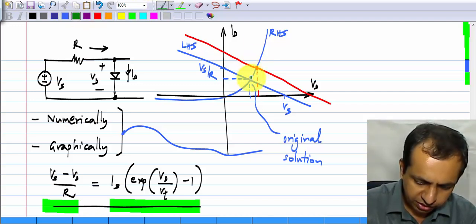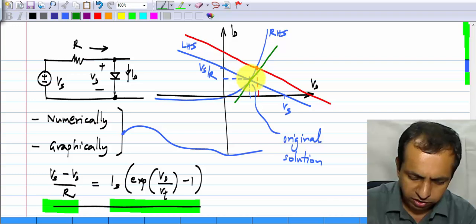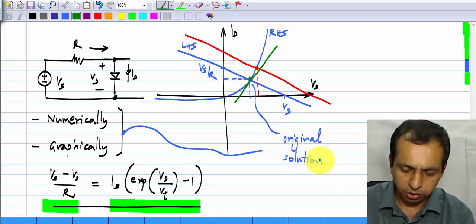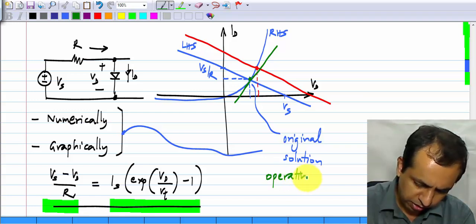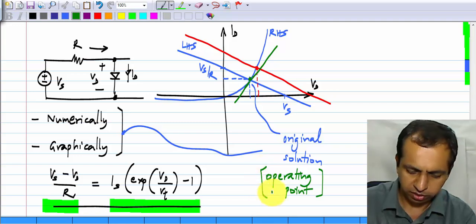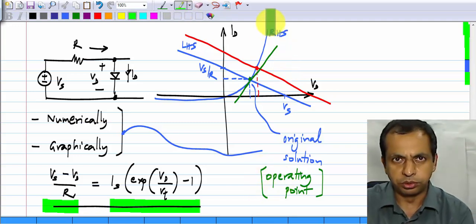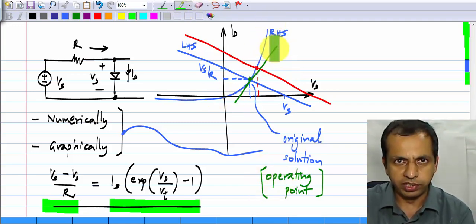So, it is the tangent of this curve at the original point, and the original solution is known as the operating point of the circuit. So, I first showed this graphically because it is very easy to understand.